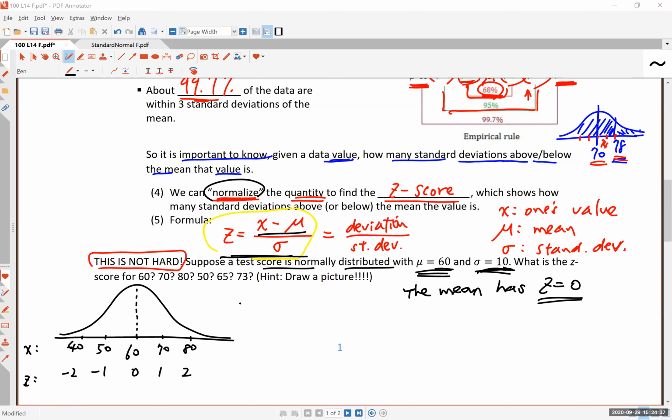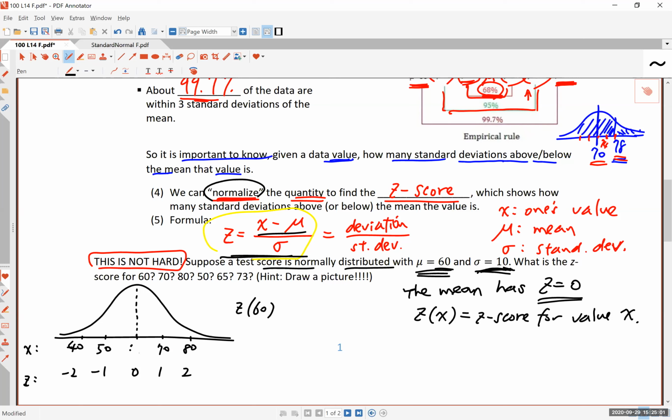So here's the way to think about this. The Z-score corresponding to 60. Maybe I should explain the notation. When I say Z of X, this is the Z-score for the value X. Okay, so X is 60 in this case, meaning 60 points on the test.